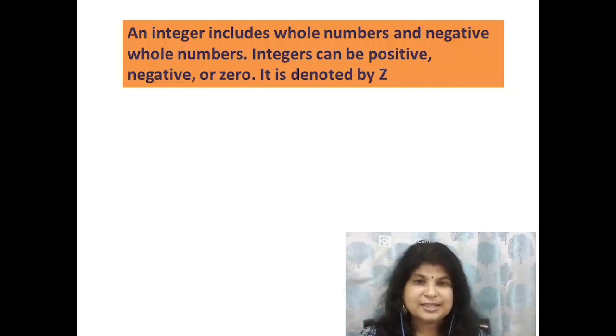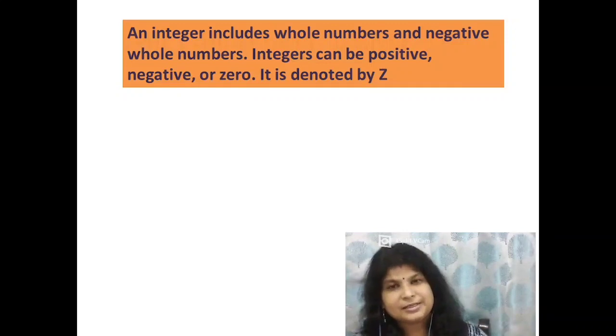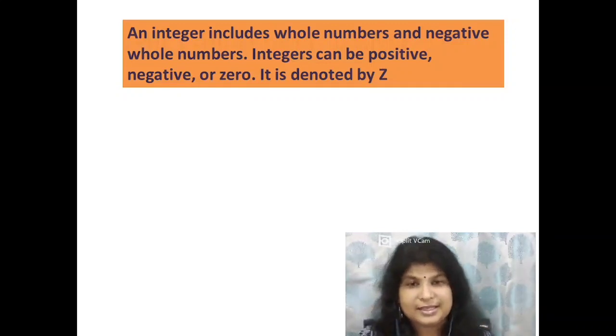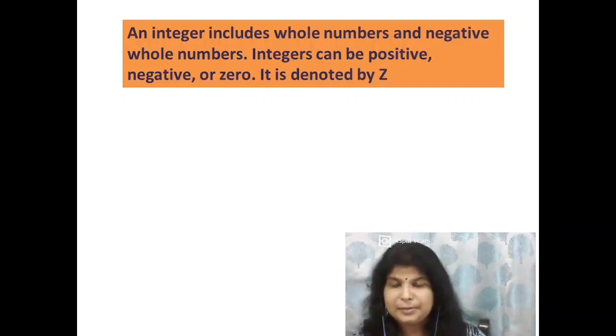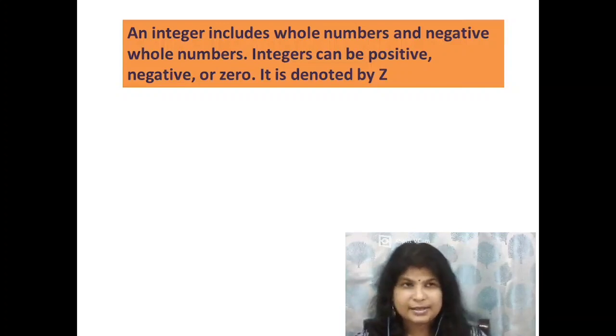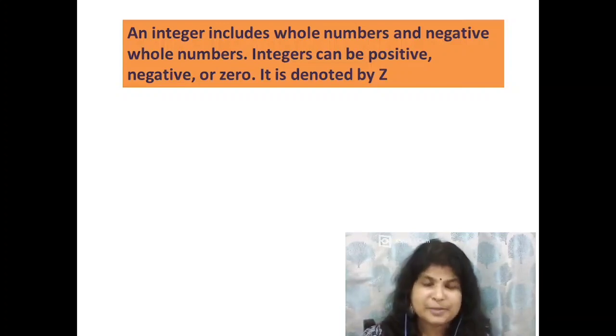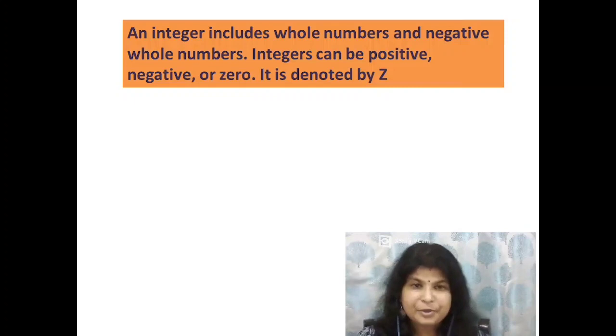So integers have positive integers as well as negative integers, and in between that is 0. In the number line towards right you have all the positive integers, towards left of 0 you have all negative integers. So if I want to represent the integers in the number line, how will it look like?